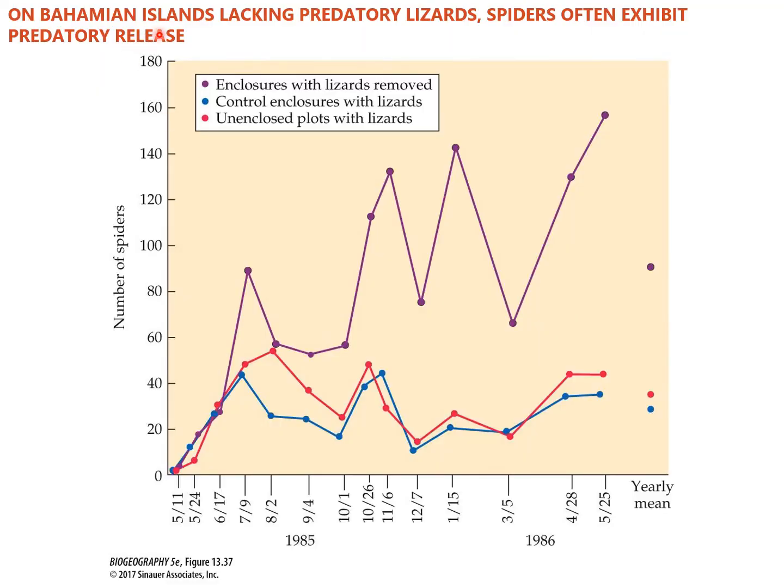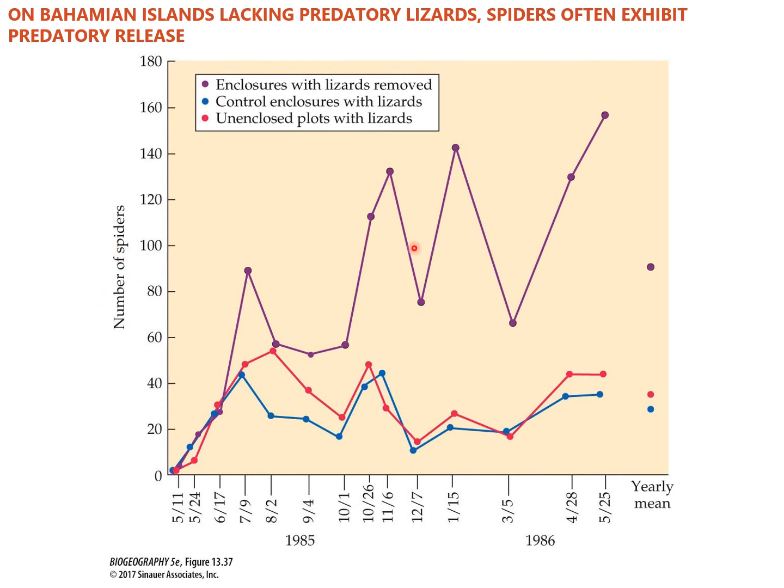On the Bahamian Islands, if the island's lacking predatory lizards, then spiders exhibit what's called predatory release. So basically, they did these experiments in the 80s where they removed some of the predator species of lizards, and they looked at the number of spiders. I think probably the number of species of spiders, but it might actually be either numbers or species diversity.